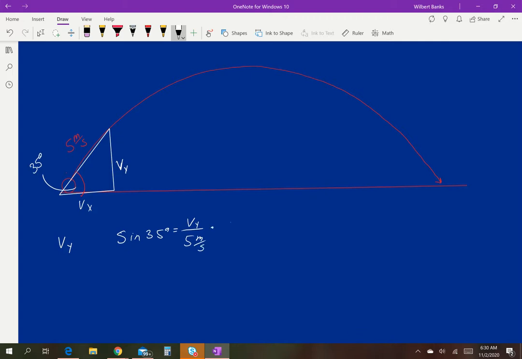I'm going to multiply each side by 5 meters per second, and that cancels over here. So that means Vy equals 5 meters per second times sine 35 degrees. I'm going to put this on my calculator. 5 times sine 35, and that equals 2.87.